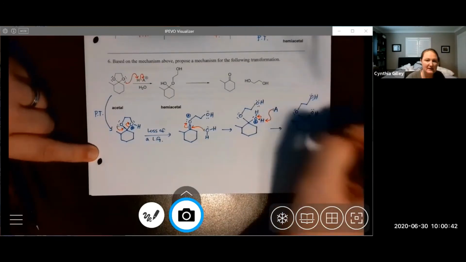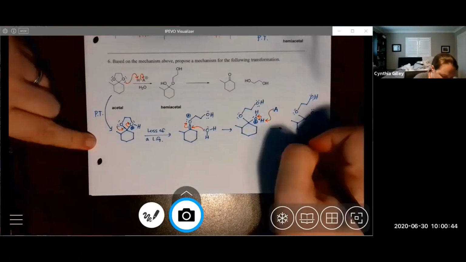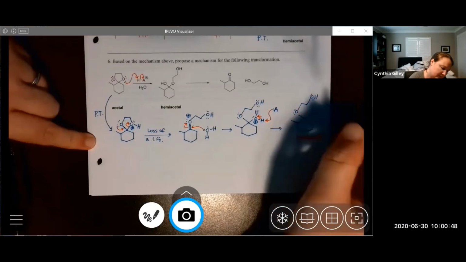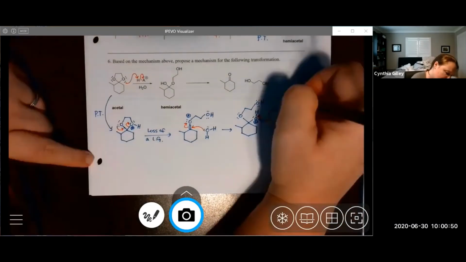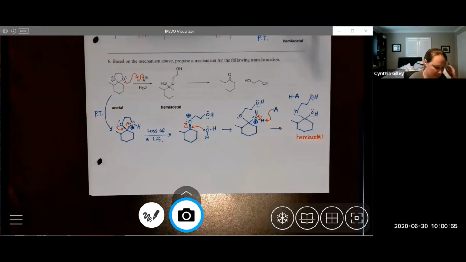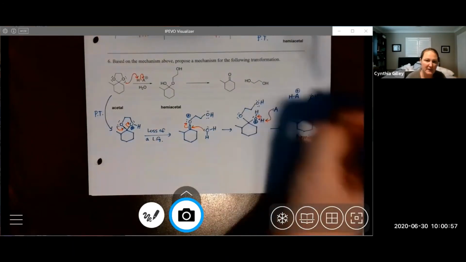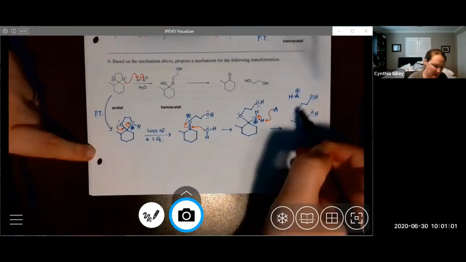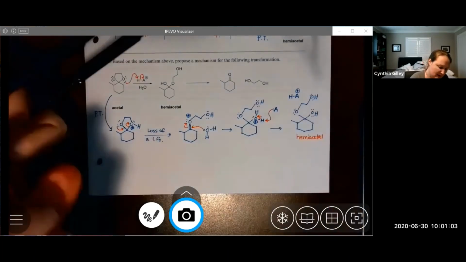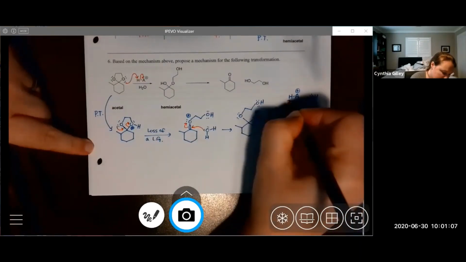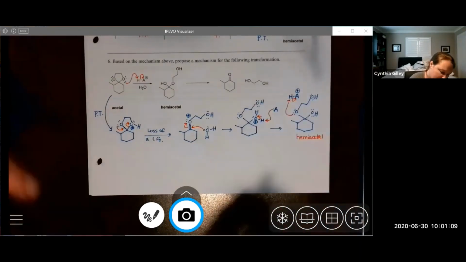Okay, so this is now the hemiacetal and we regenerated the acid. From the hemiacetal, the goal is to get rid of this leaving group. We cannot do that right now. We have to protonate the oxygen first.